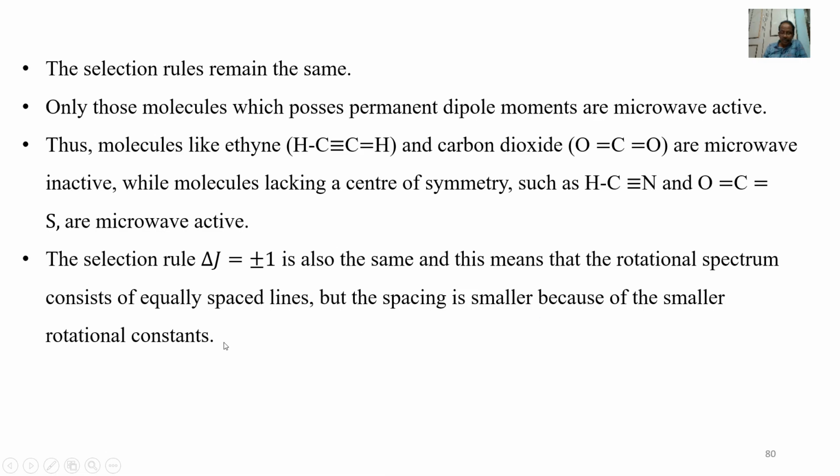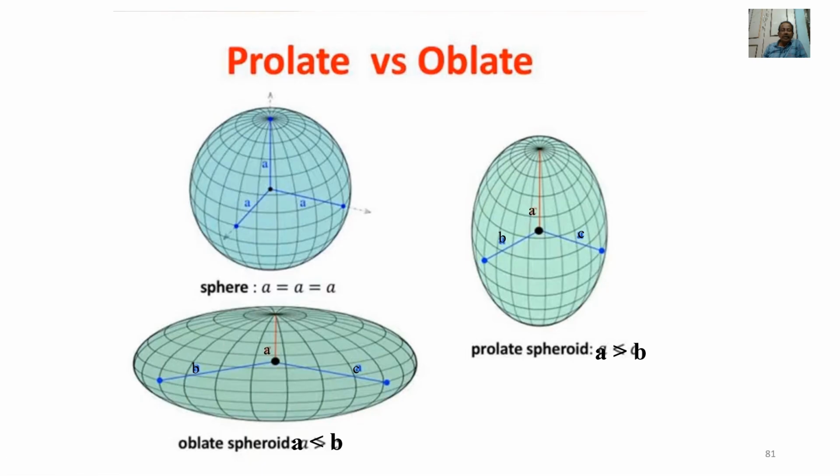Now we'll go into type 2. So type 2 goes with spherical, and we have prolate and oblate, and we have asymmetrical. So the first figure says about a spherical symmetry, and the moment of inertia which is along A is given as I_A. Here in spherical symmetry, for all the three perpendicular axes the moment of inertia is the same.